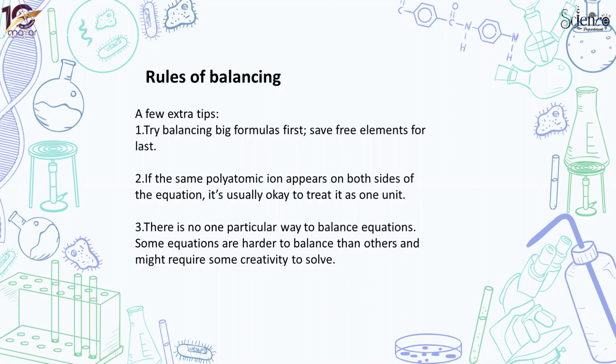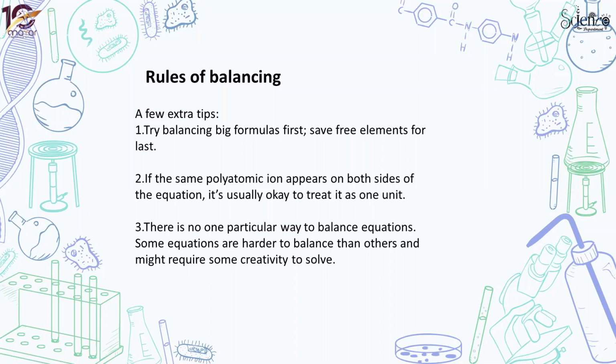What does it mean? It means that, for example, if I have sodium nitrate, NO3, and in the product, I also have nitrate. It's not changed. So this nitrate, I'm going to work with it as one unit.